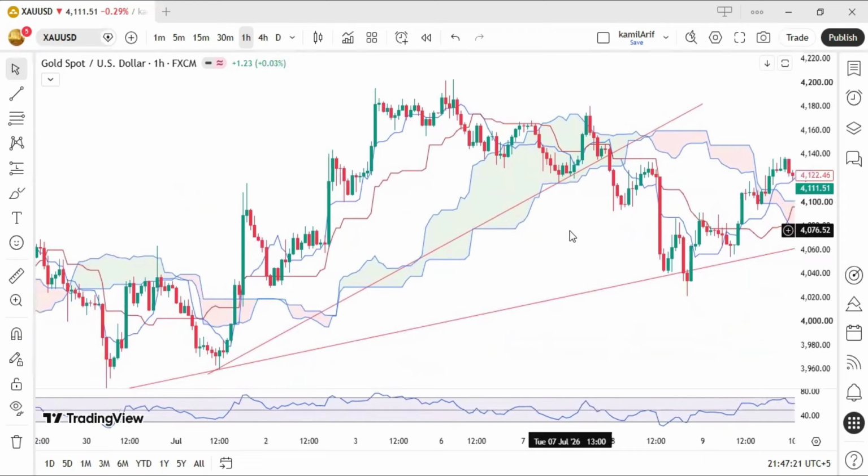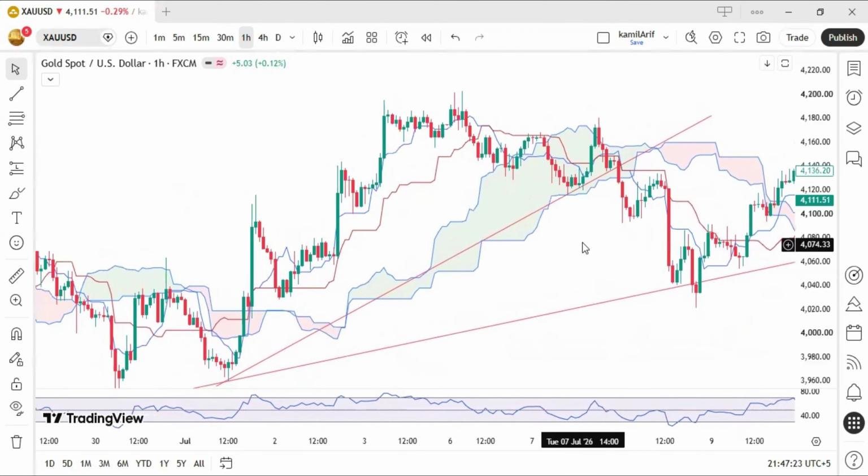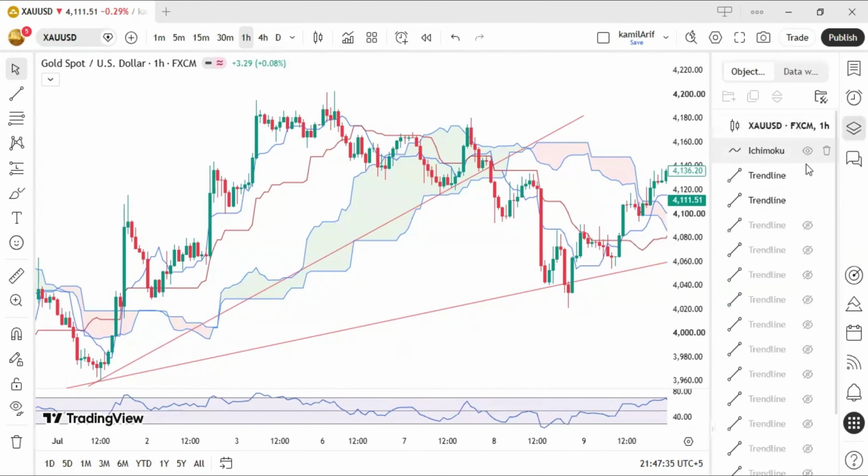But right now in this video, I want to focus mainly on trend lines, and this is a superb example of a trend line. Once it has been broken, the price really continues in the direction of the breakout.